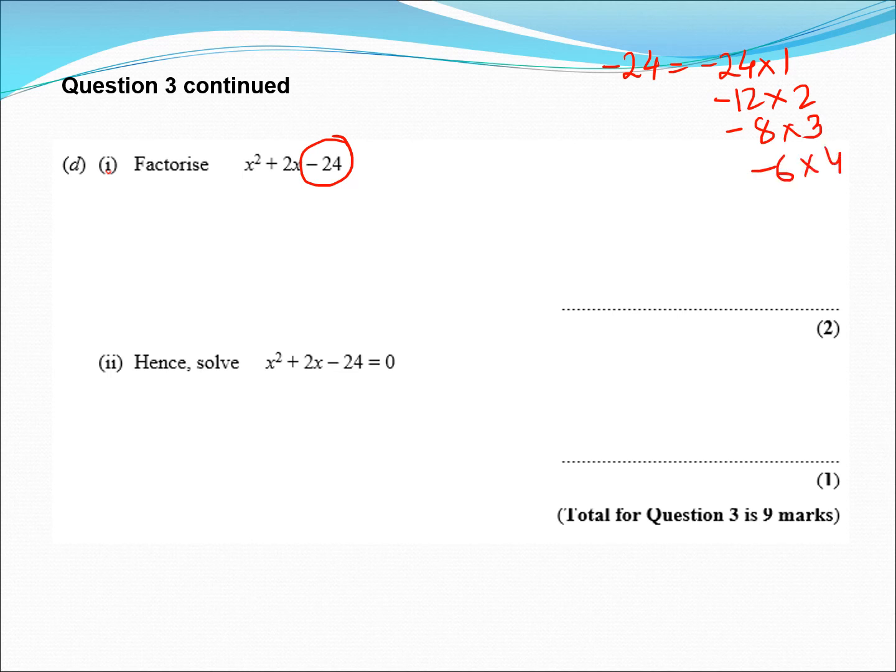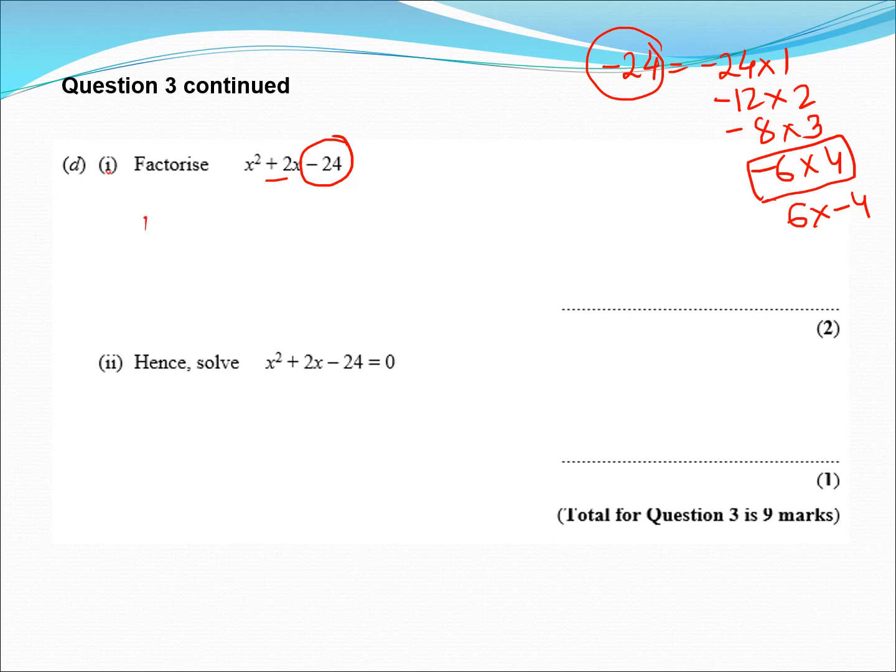Now we need to see which of these pairs of numbers added together gives you the middle term, which is positive 2x. We can see that this one, minus 6 plus 4, when I add them I get negative 2, but I need positive 2, so I can write it as 6 times negative 4, which also gives me negative 24, and when you add them you get positive 2.